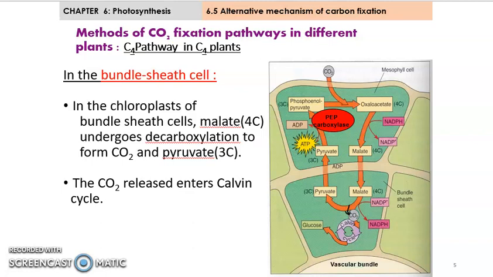Okay, and then what happened to the carbon dioxide released? It will enter the Calvin cycle. So ni sebenarnya adalah Calvin cycle yang kita dah discuss sebelum ni lah. So dekat bundle sheath cell ni maksudnya dia akan berlaku Calvin cycle. So that's why bila malate ni sentiasa berlaku decarboxylation, so dari segi carbon dioxide tu dia akan tinggi lah di sini.